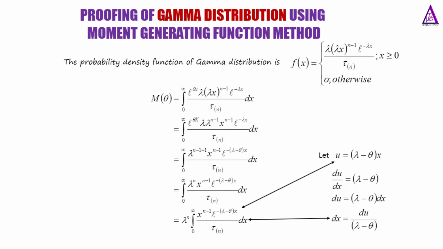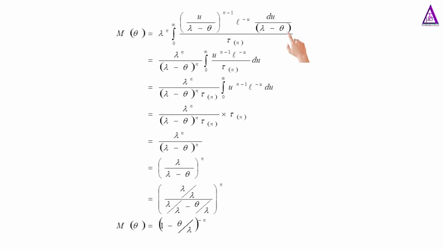So we have this equation. We factorize lambda raised to the power n divided by (lambda minus theta) all raised to the power n out of the equation. In equation 3, we take gamma out of the integral and we have this one.